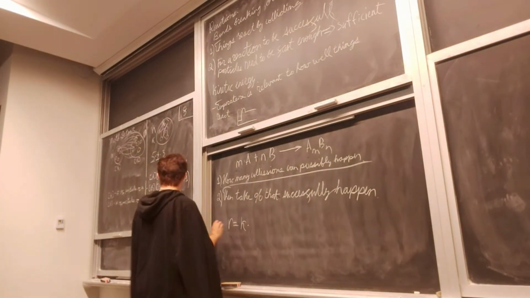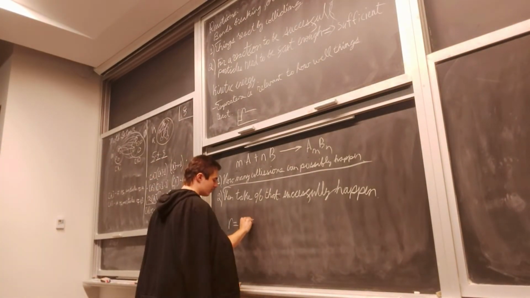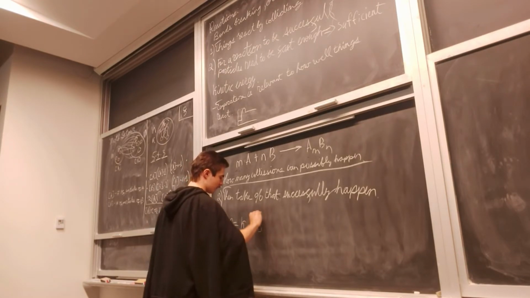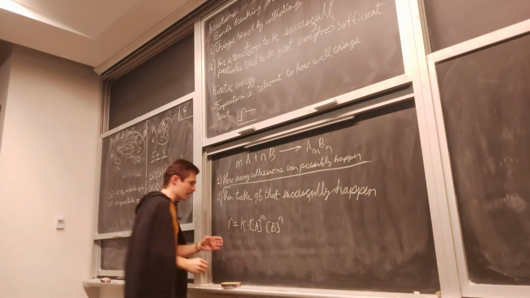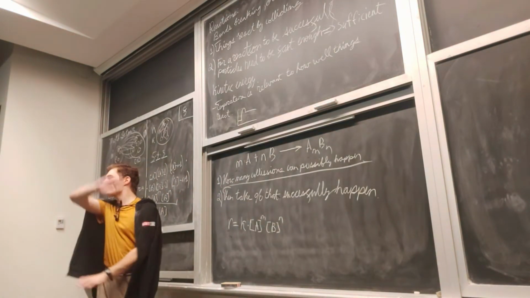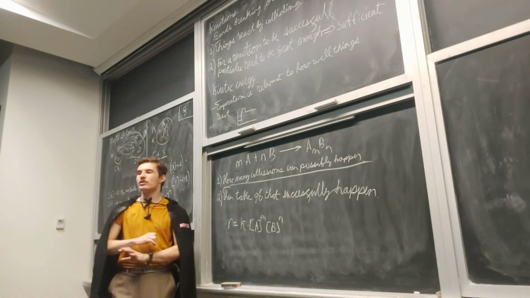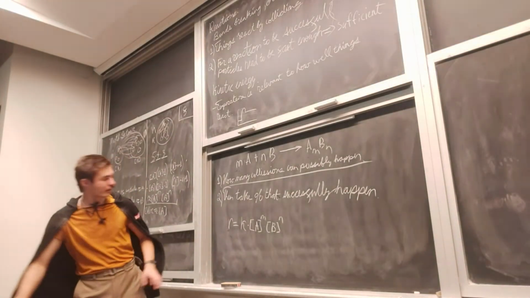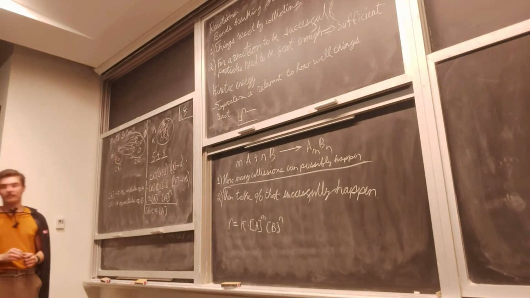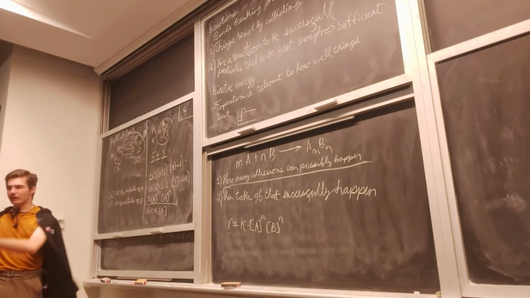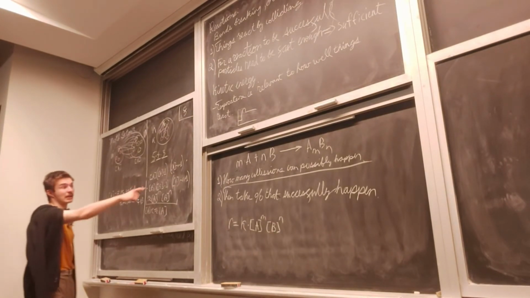So we're just going to take the total number of possible valid collisions, a to the m times b to the n, and multiply it by some arbitrary factor, which we will find out later, and say that's the number of collisions that actually do happen per second. And this is our rate law for this reaction.